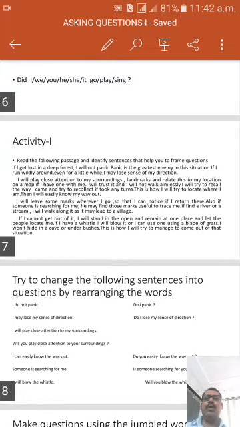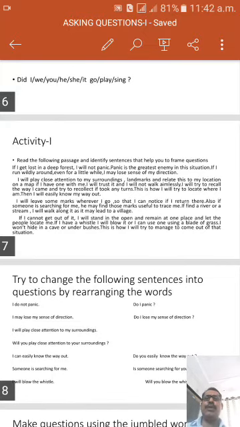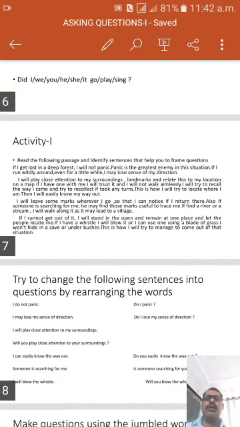I will pay close attention to my surroundings, landmarks, and relate this to my location on the map if I have one with me. I will trust it and I will not walk aimlessly. I will try to recall the way I came and try to recollect if I took any turns.